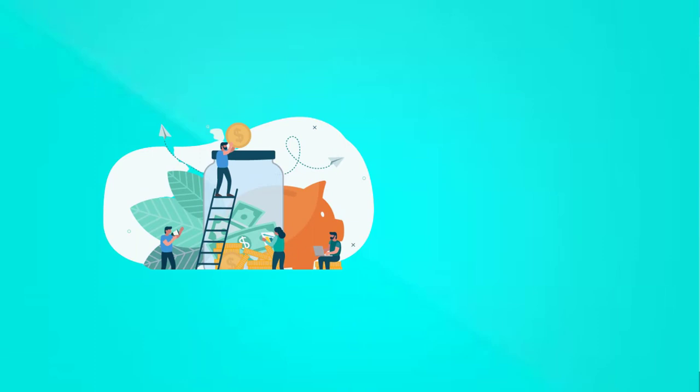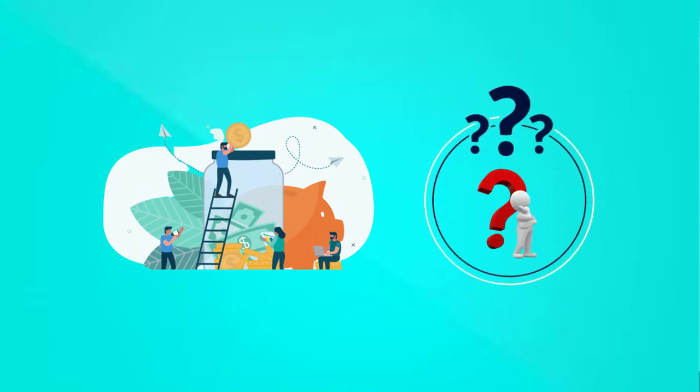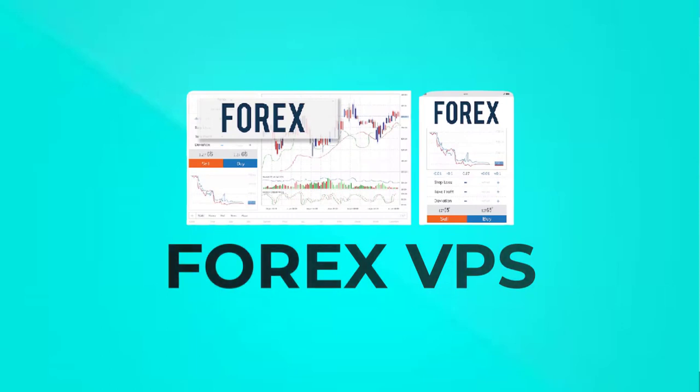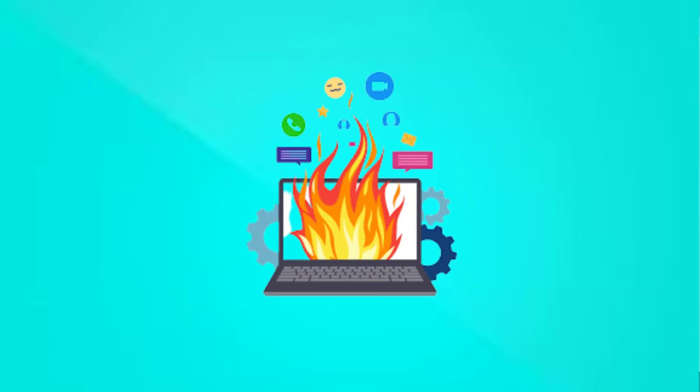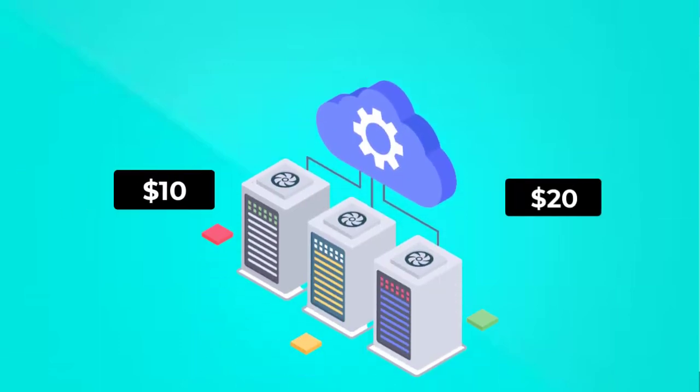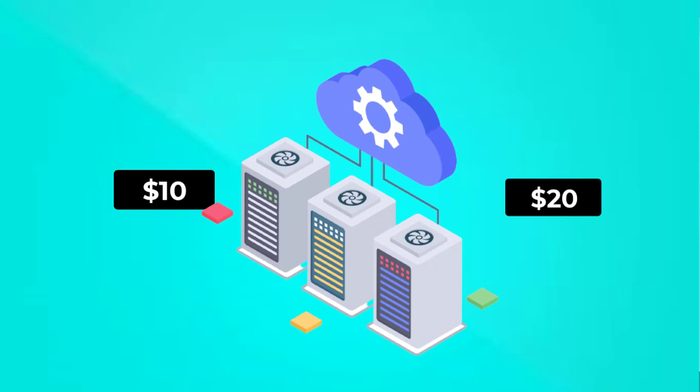Now the next one is that it will save cost. The question is how? The answer is very simple. If you run trading on your computer, you need to run it 24/7, so your system may burn, and you may lose $1,000 as a laptop cost. It's better to have a $10 or $20 VPS for one month. If your work or trading is completed, you can discontinue anytime, and anytime you can purchase a fresh new server with full data center based services.